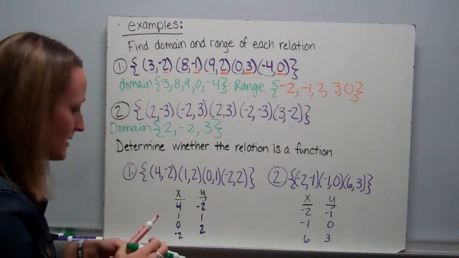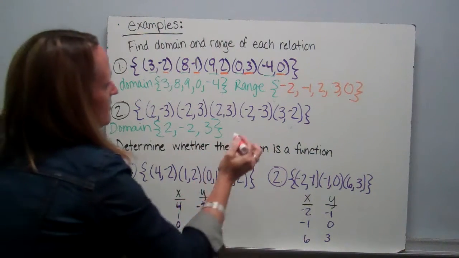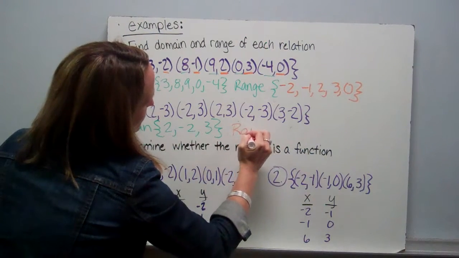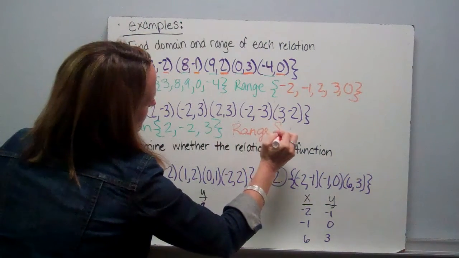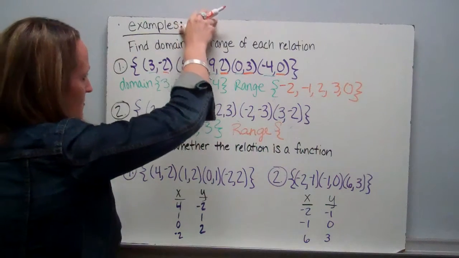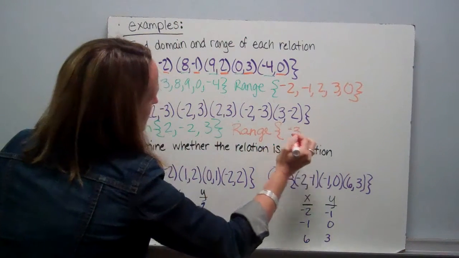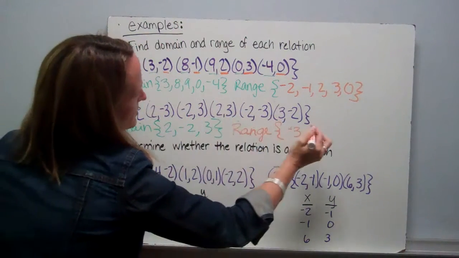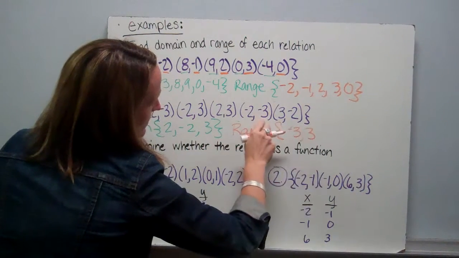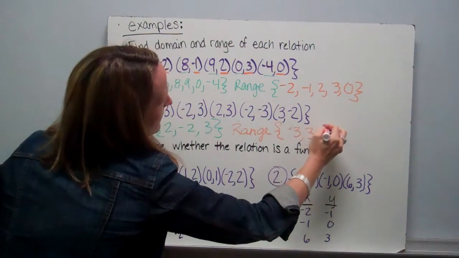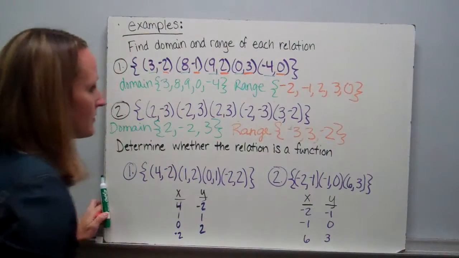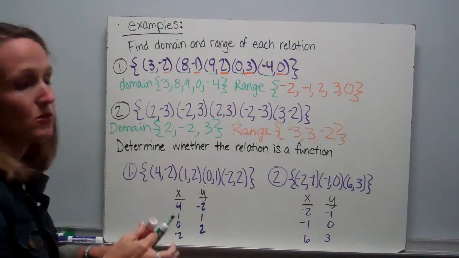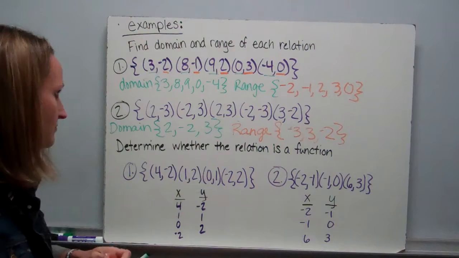There's no reason for me to repeat. When we go to list range, same thing, I don't have to repeat. So here I have negative 3. 3 is listed twice. I have another negative 3. And then I have a negative 2. If the number is used more than once, you don't have to write it more than once.